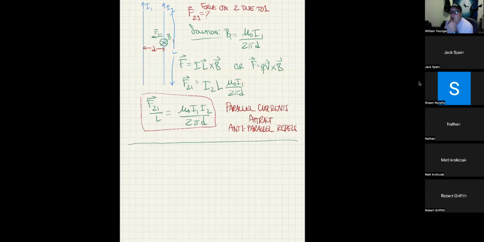But right now, what people found, including Ampere, obviously, because we call it Ampere's law, is that basically, if you have a closed loop, so let's draw my closed loop like this. Okay, there's a closed loop. I can imagine integrating around that closed loop.